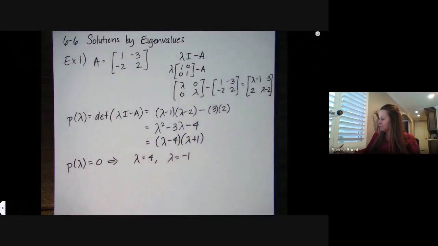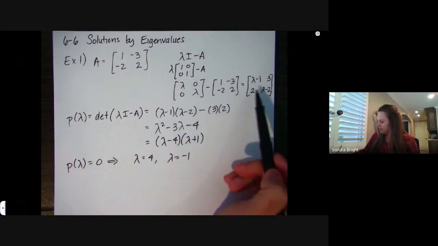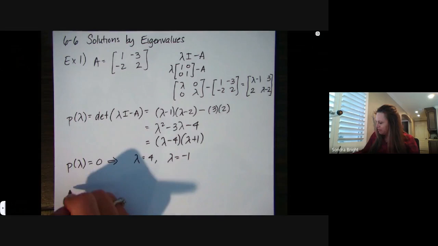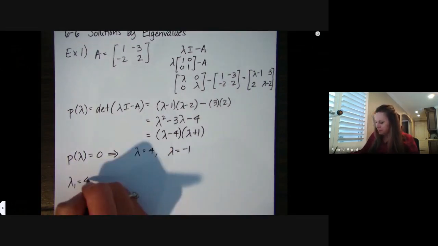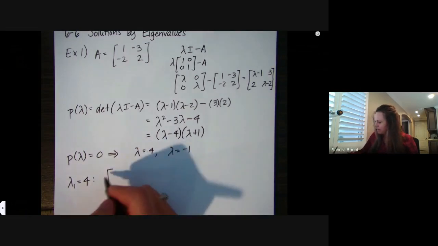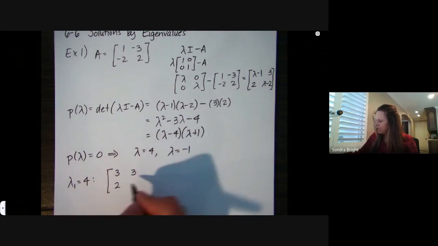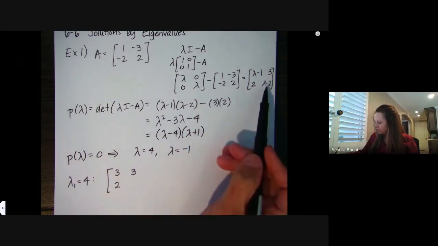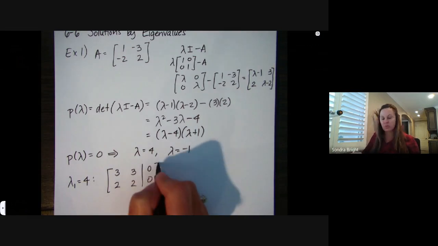Then we plugged each of these into this matrix. When lambda 1, the first eigenvalue, is 4, my matrix would be 4 minus 1 is 3, this is a 3, that's a 2, and then 4 minus 2 gives a 2. We want to know when this is equal to 0.